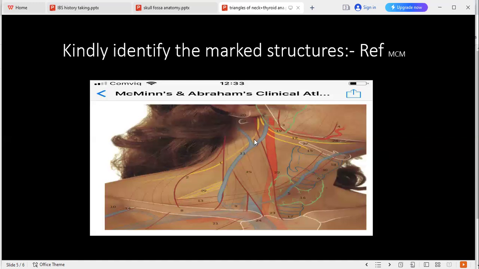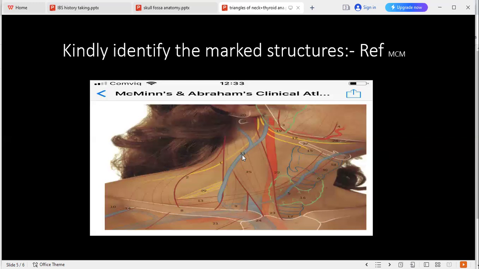Can you identify what number 11 is? It looks like an external jugular vein. Can you tell me the surface marking of this structure, please? The external jugular vein is a tributary of the subclavian vein.